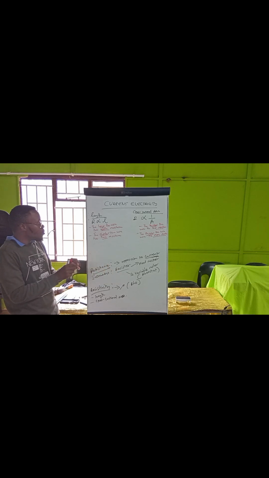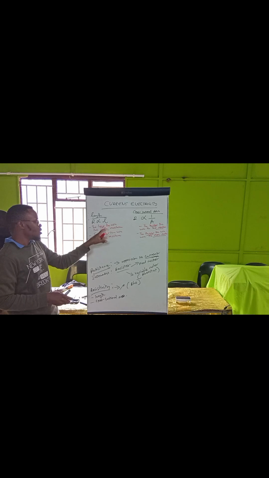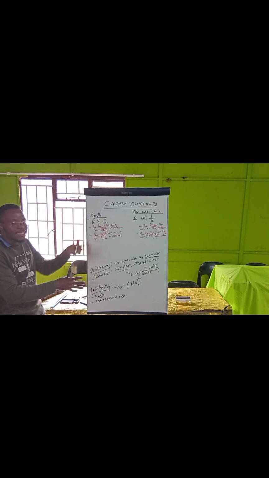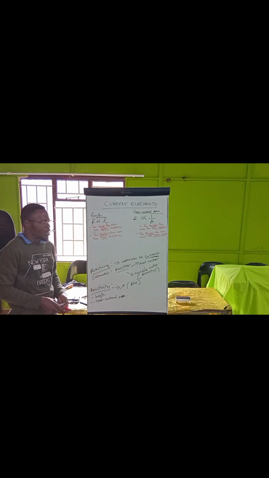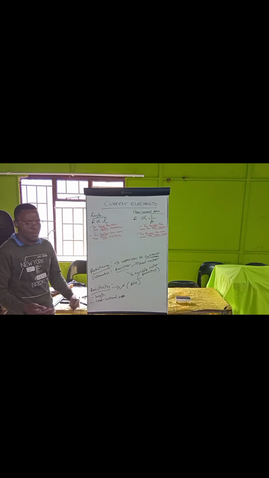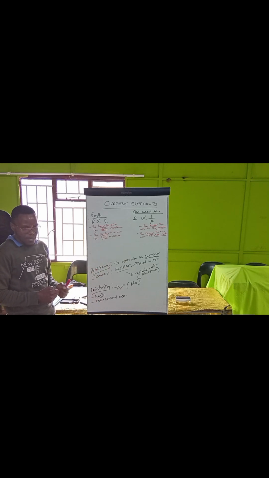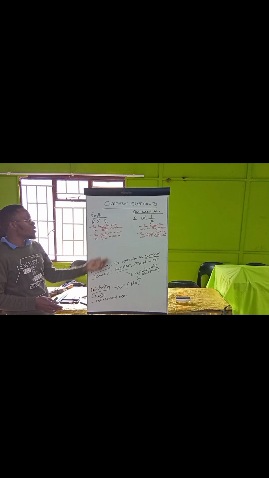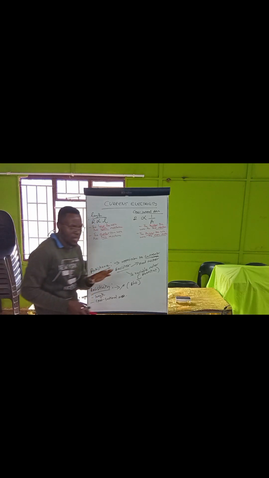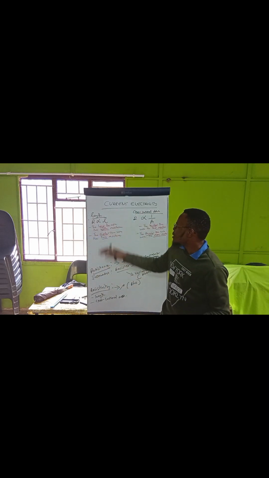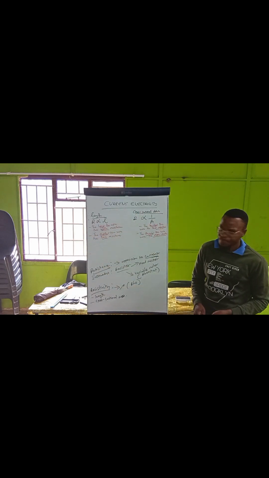So this collision will cause a lot of resistance, and that resistance will register normally as heat in that conductor. So hence, the longer the wire, the more resistance. But when the wire is shorter, there will be less charge flowing in there, and therefore also less resistance. So that's how we can explain why we have a direct proportionality between resistance and the length.